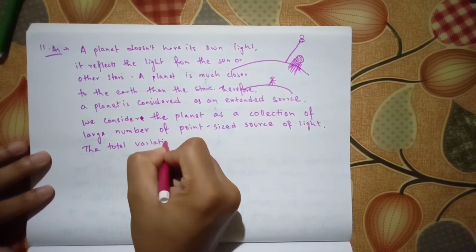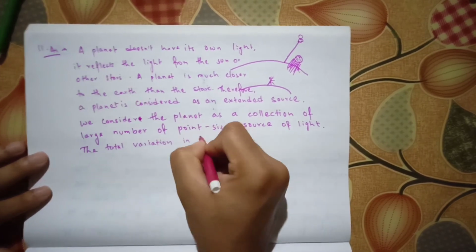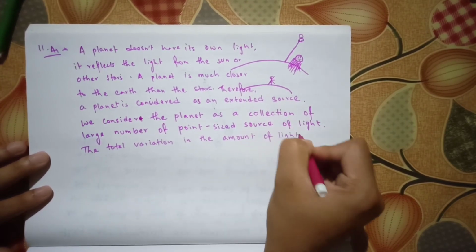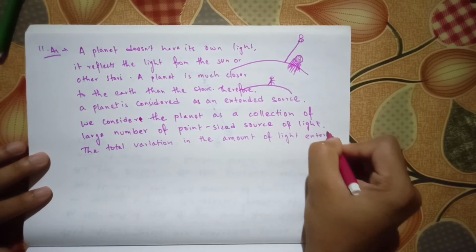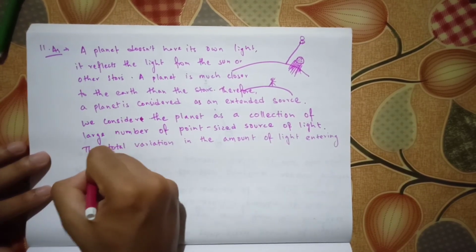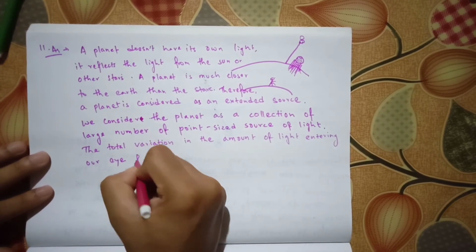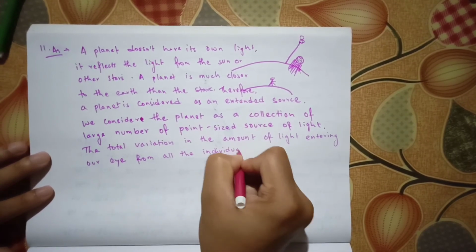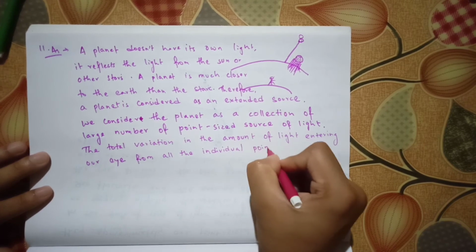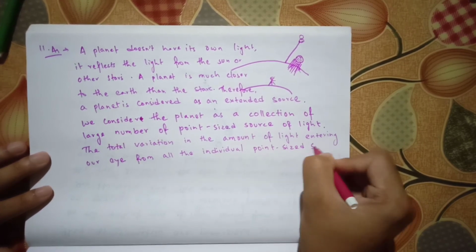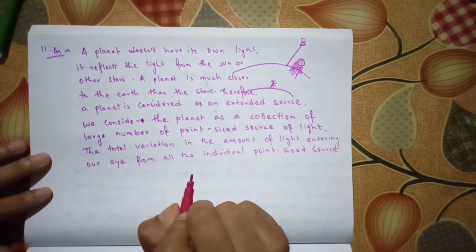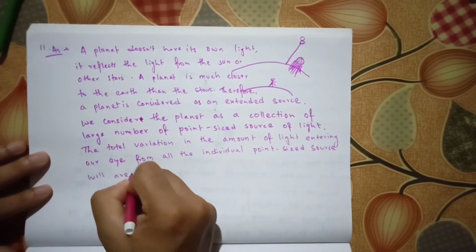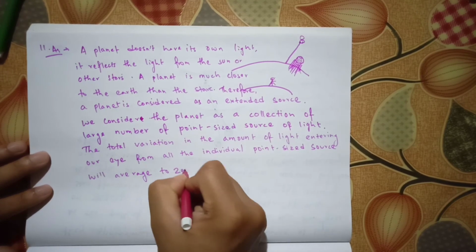Okay, the total variation in the amount of light entering our eye from all the individual point-sized sources will average to zero.